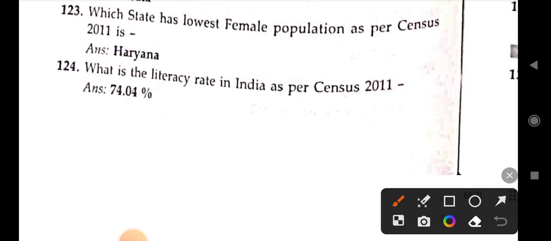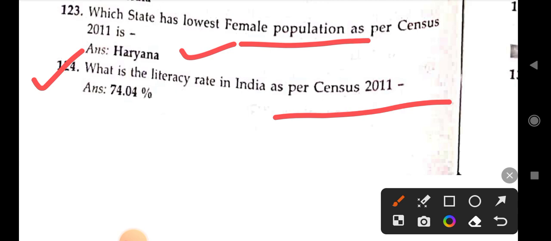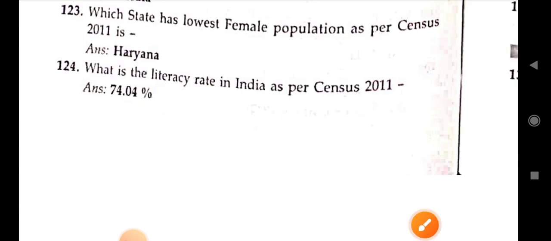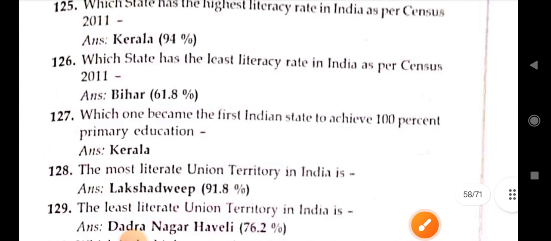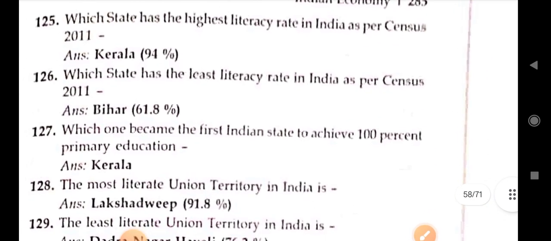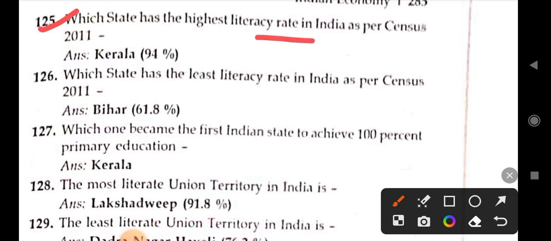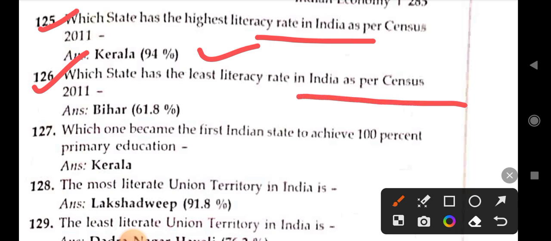Which state has the lowest female population as per census 2011? Haryana. What is the literacy rate in India as per census 2011? 74.04%. Next, which state has the highest literacy rate in India as per census 2011? Kerala, 94%. Which state has the least literacy rate as per census 2011? Bihar, 61.8%.